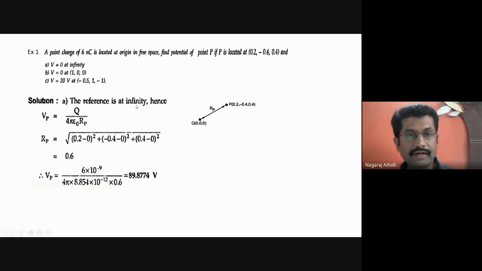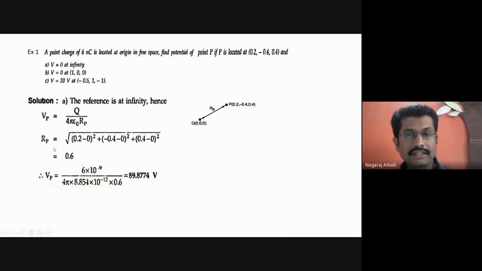The reference is at infinity. First condition: V is equal to 0 at infinity. We know the equation. When the reference is at infinity, the potential of the point P, with respect to the point charge at the origin, is given by Vp is equal to Q by 4 pi epsilon naught Rp.